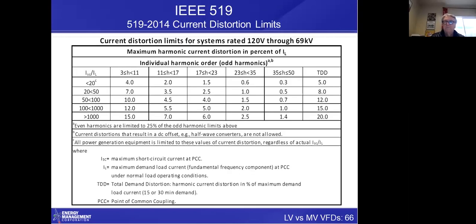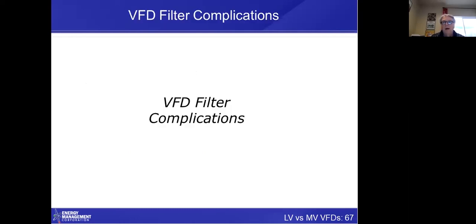And so 12% is a good place to aim for. And that's good because even these technologies that advertise less than 5%, most of them do not deliver. This is a utility standard, and the utility can hold you to this and can limit your service if you don't comply with that.